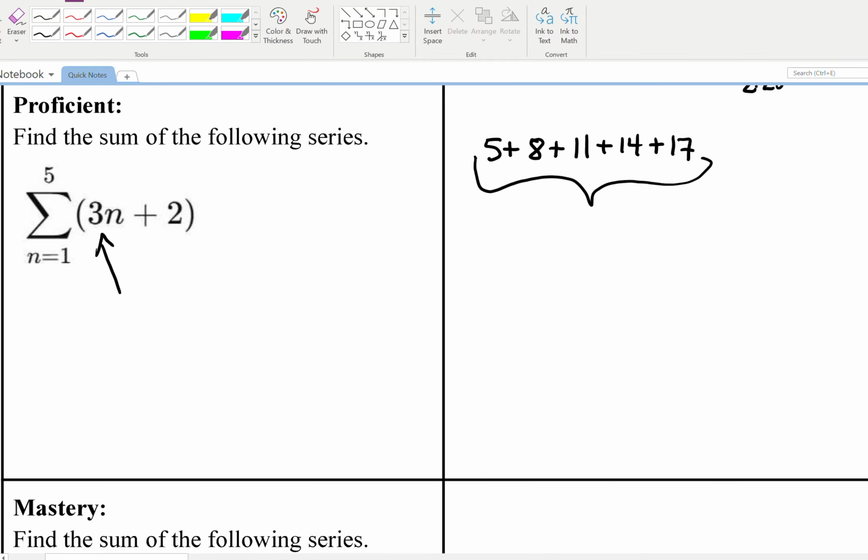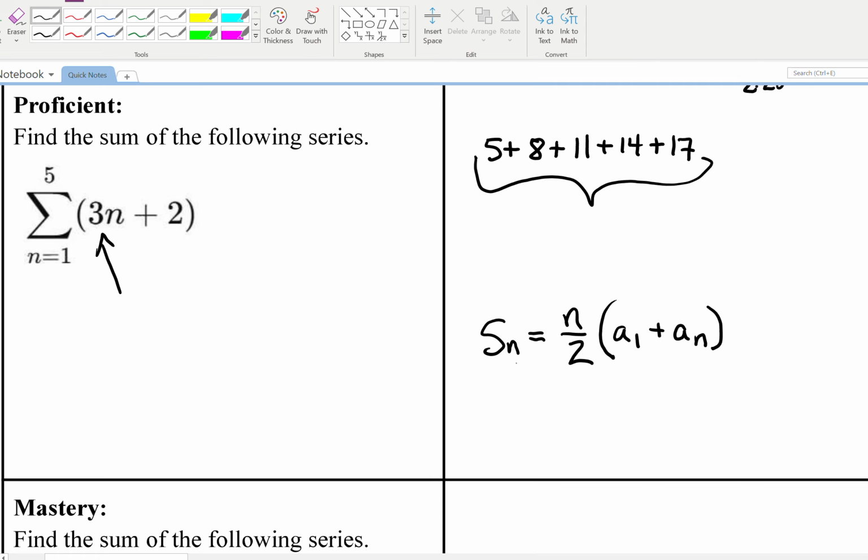Another way to do it is to use the formula. There's a formula for arithmetic series. So S sub n is equal to n over 2 times a sub 1 plus a sub n.